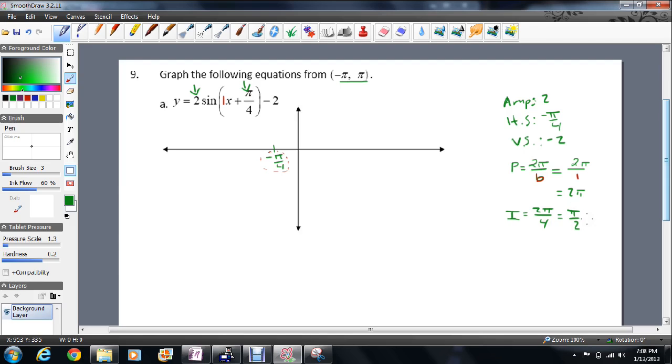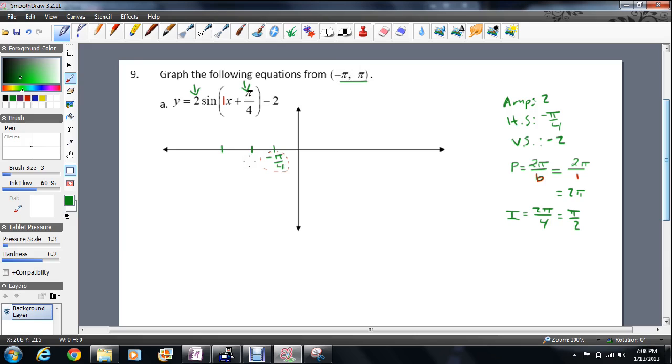But anyways, I'm going to go on my x-axis now, and I'm going to subtract pi over 2. And then I'm going to subtract pi over 2 again, because it's telling us to go to negative pi. So we have to make sure that we at least go to negative pi on the x-axis and positive pi on the x-axis.